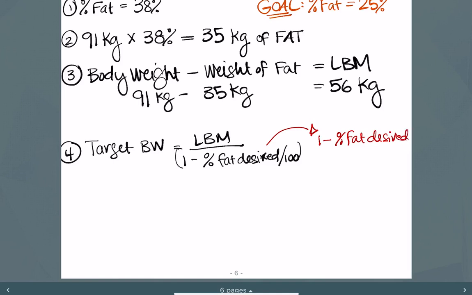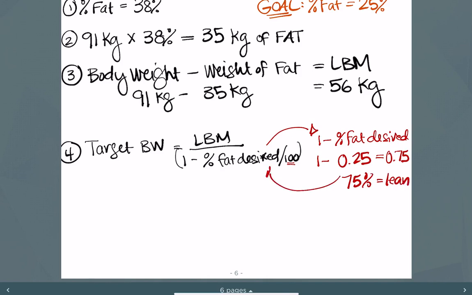What is our percent fat desired? It's 25%. If you divide that by 100, our percent fat desired is 0.25, right? That's our ultimate goal. So 1 minus 0.25 is going to give you the percent that is lean. So you'll get 0.75. So basically your goal is that 75% of your body weight is lean.